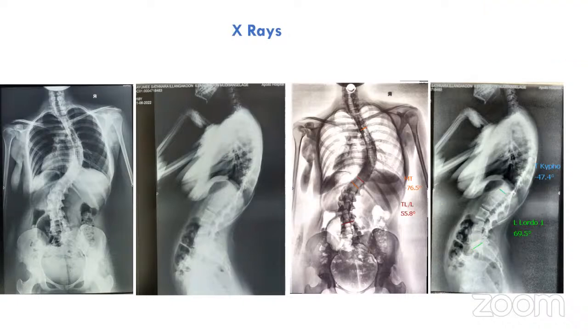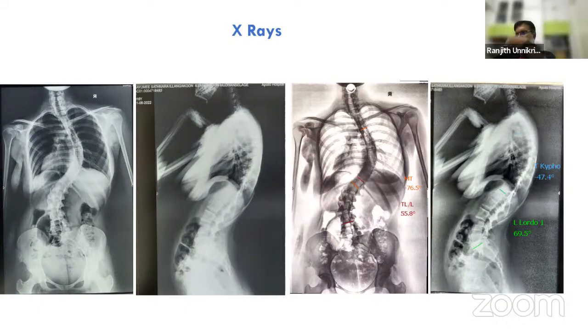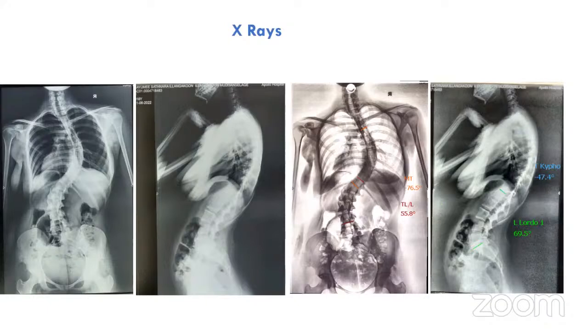In the exam, you won't have time to measure the Cobb angle. They might ask you to describe the Cobb method, but it probably will already be measured on the X-ray. The other thing, on your X-ray, I just want to point out that when you are measuring, you should not choose different end plates. The end vertebra of the main thoracic curve is the end vertebra of the lumbar curve.